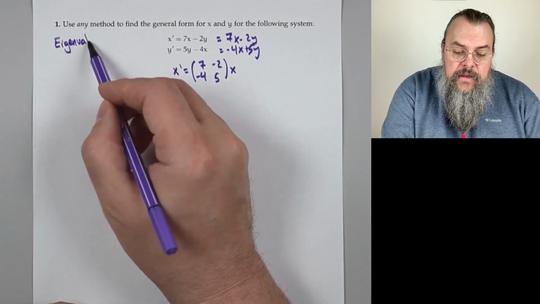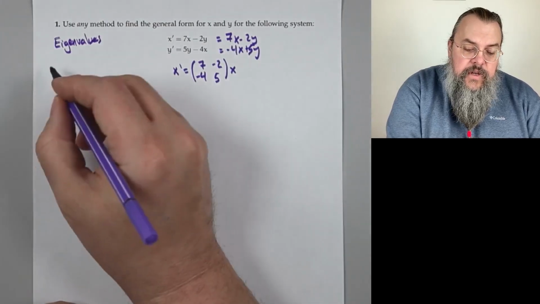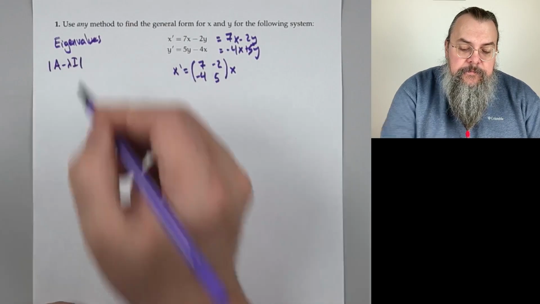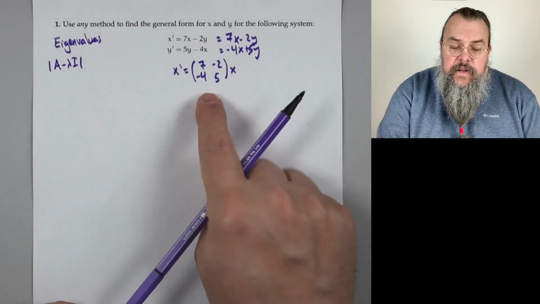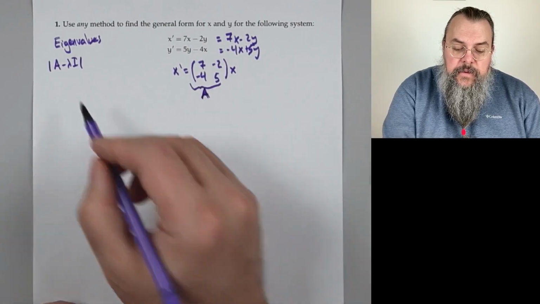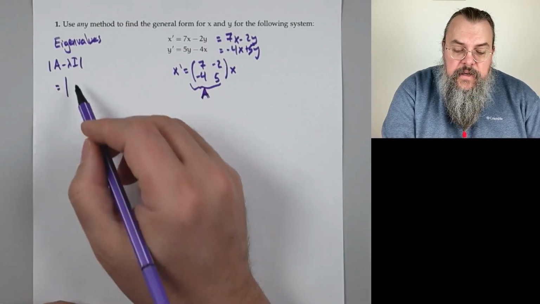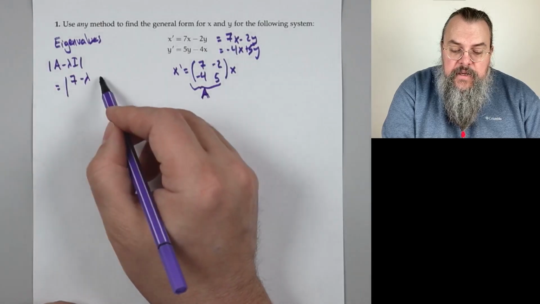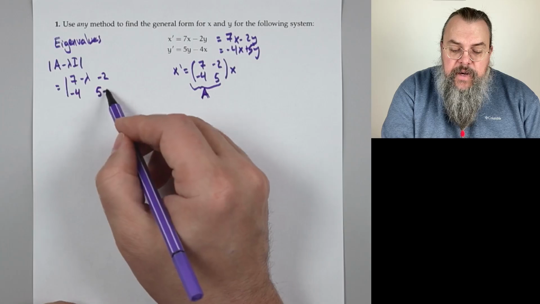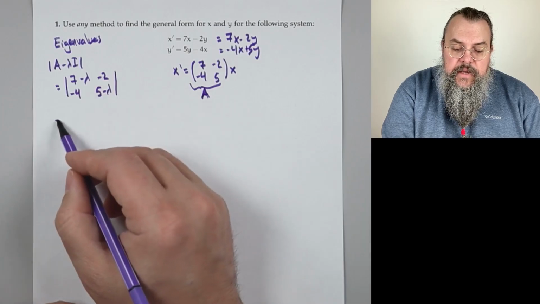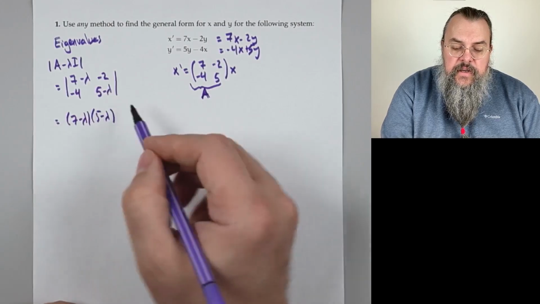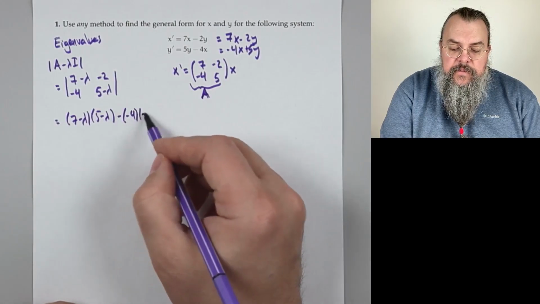Remember what we're doing is we're going to take the determinant of A minus lambda I. Now, this is our A. So what we're doing here is we have our determinant of 7 minus lambda, minus 2, minus 4, and 5 minus lambda. Well, that's 7 minus lambda times 5 minus lambda, subtract negative 4 times negative 2.